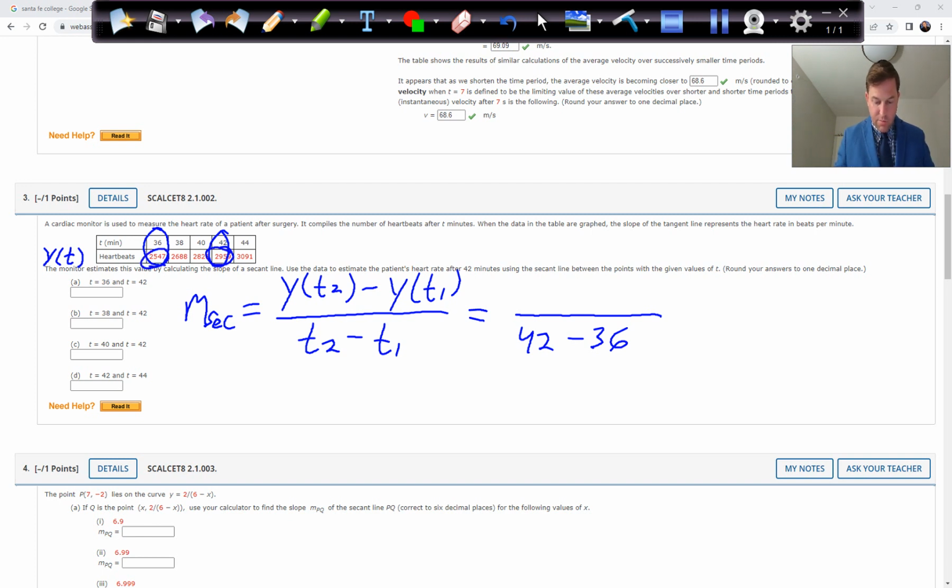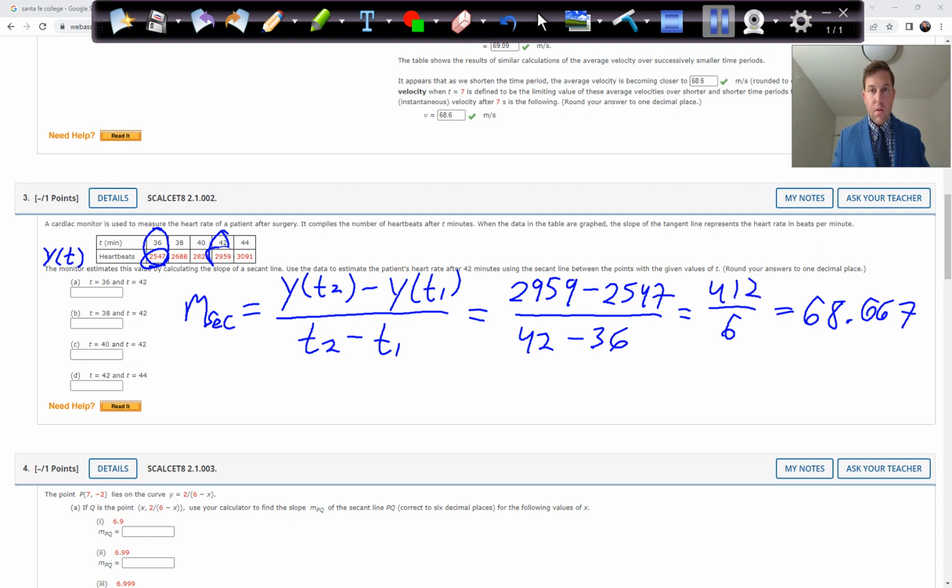So at 42 minutes, the patient's heartbeat is 29, 29:59. Let me make sure I read that. Okay, 29:59. Yep. Minus at 36 is 25:47.